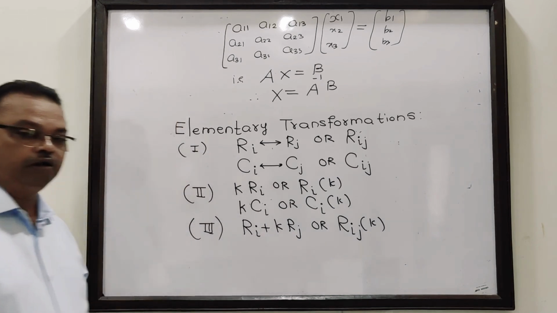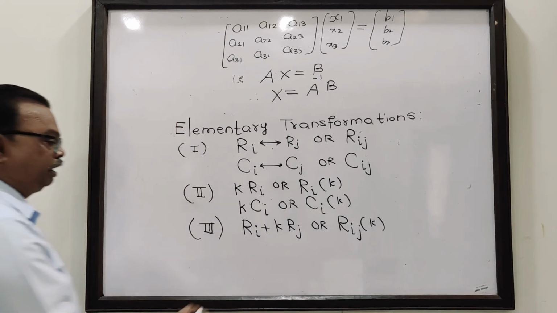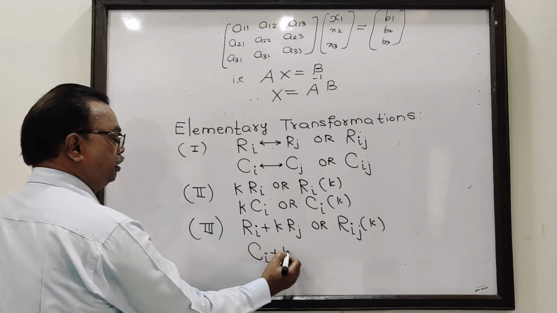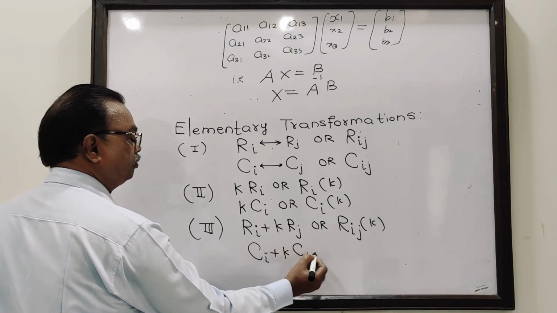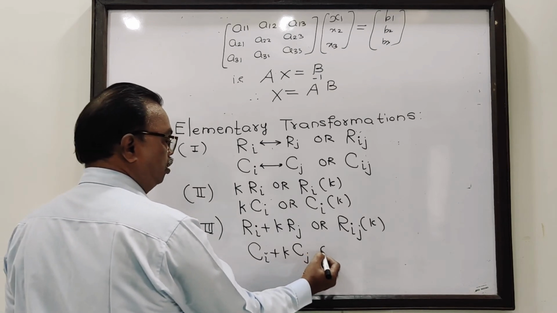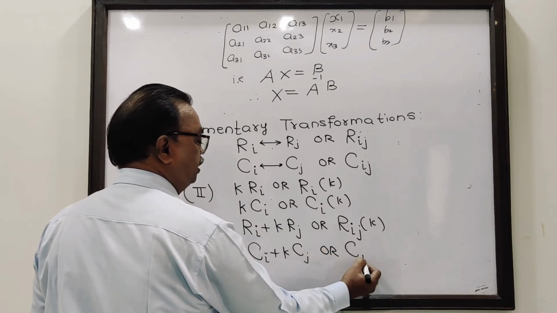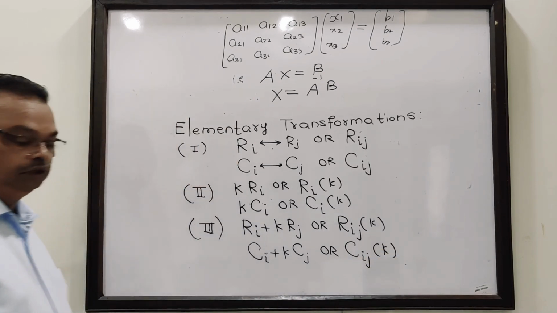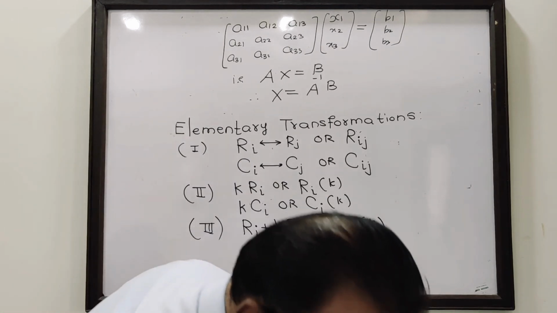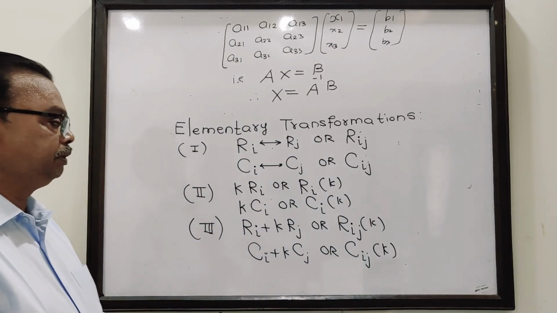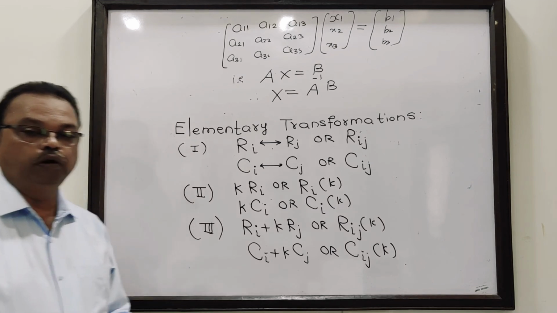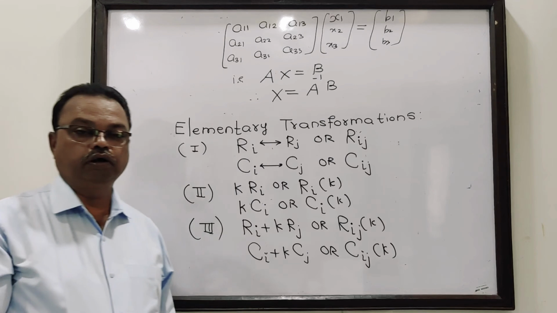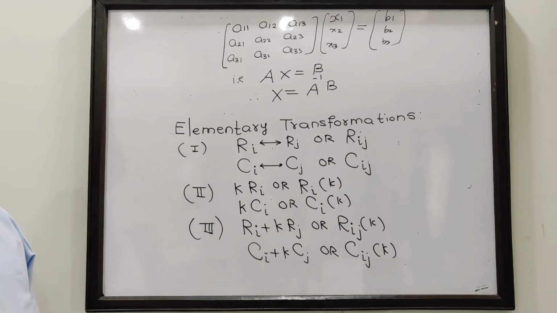Likewise for column transformations we can write Ci plus k Cj, or Cij into k. So these three types of operations are known as elementary transformations. These are useful for getting the rank of a matrix, which plays a very important role in solving a system of linear equations.